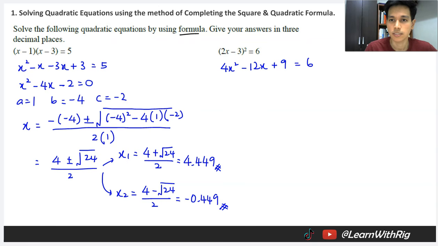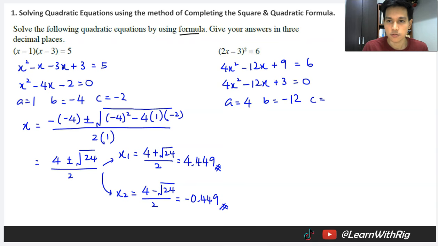So equals 6. So you're going to bring it in, minus 12x plus 9 minus 6, you get plus 3 equals 0. Okay, so this is the quadratic form, right? The standard form. So a is equal to 4, b is equal to negative 12, c is equal to 3.